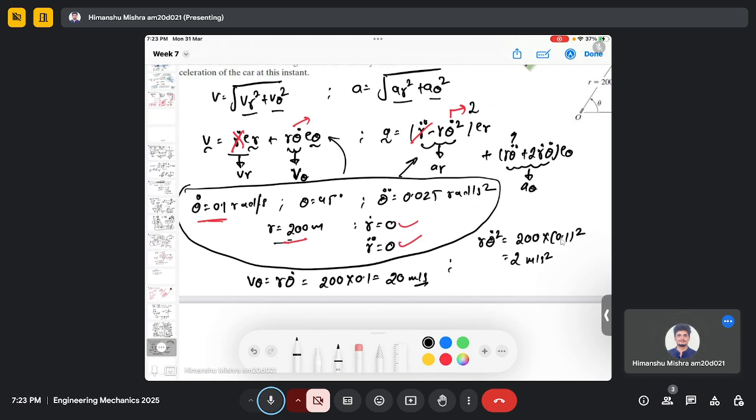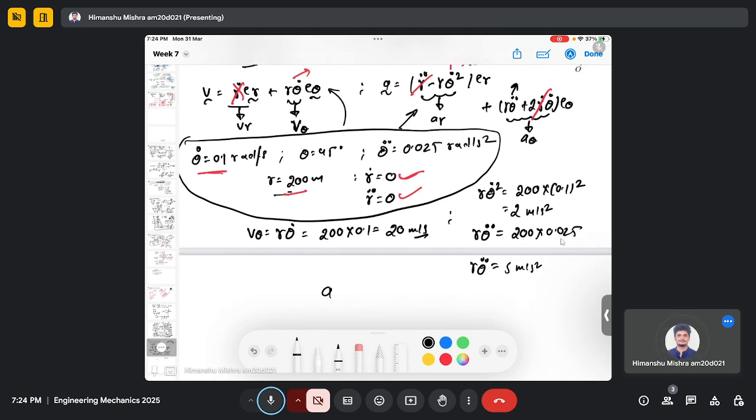Similarly this is non-zero because theta double dot is non-zero, and this term will be 0 because r dot is 0 here. So r theta double dot is 200 multiplied by 0.025, which is 5 meter per second square.